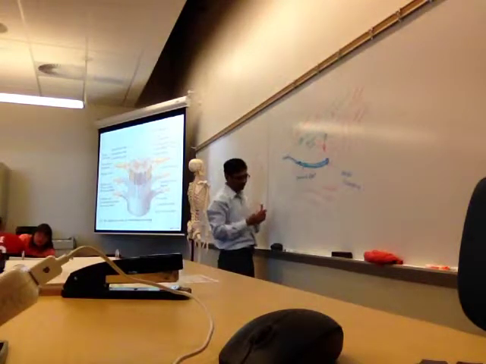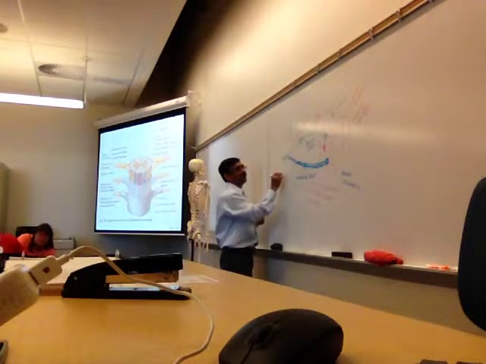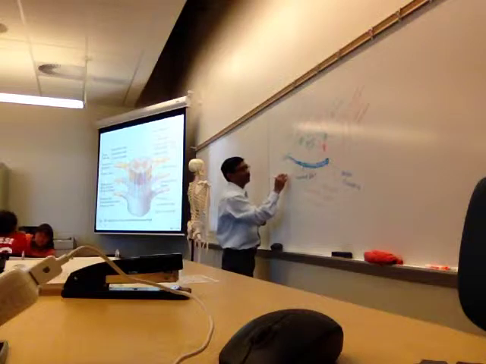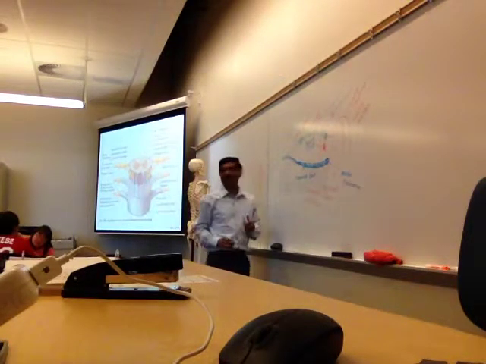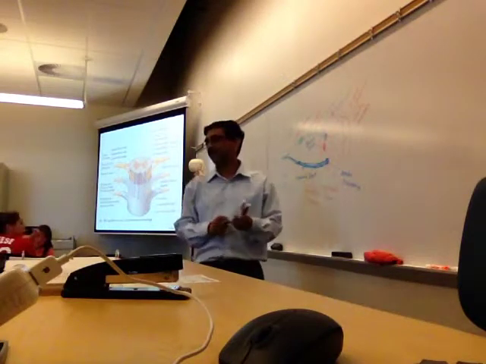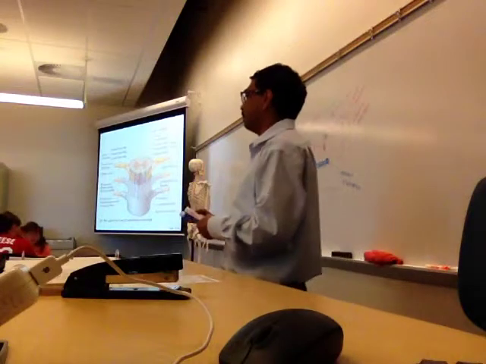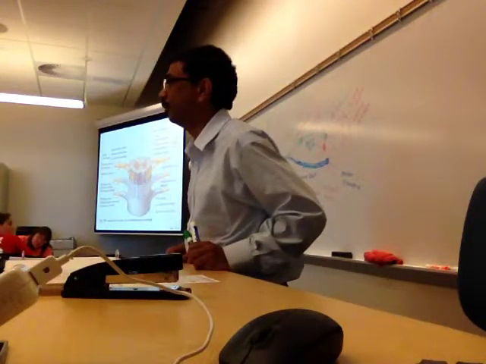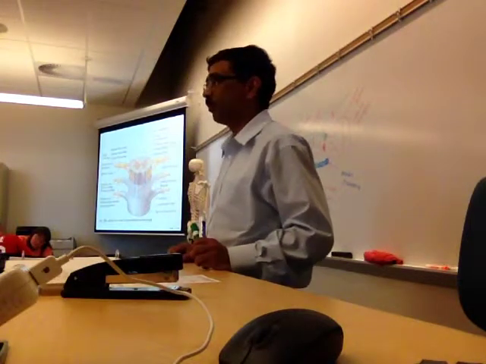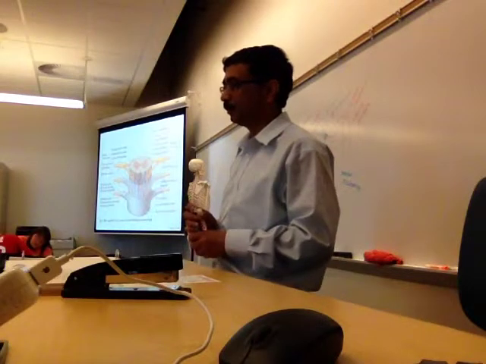They have joined together. And this is the spinal nerve. So spinal nerve is formed by the union of ventral and dorsal root together. They join together and form the spinal nerve.